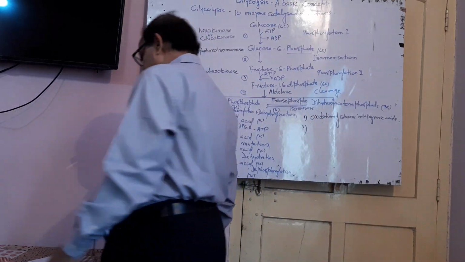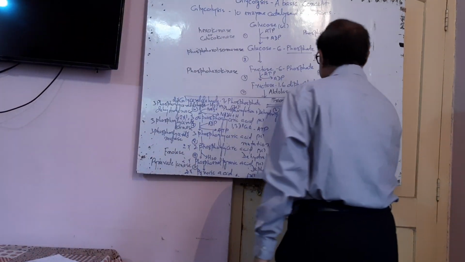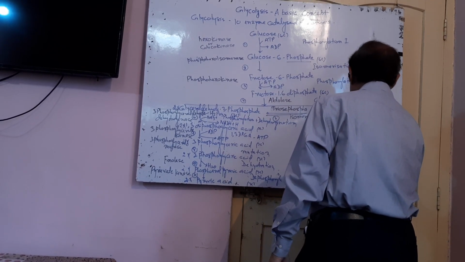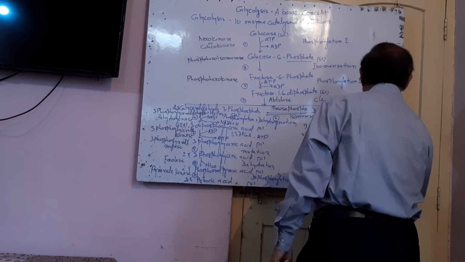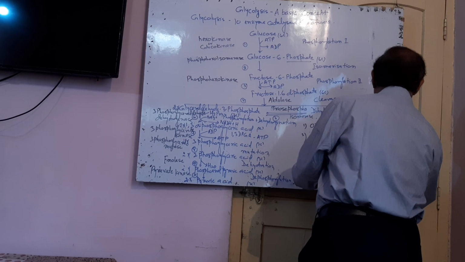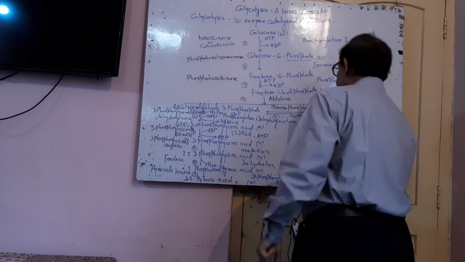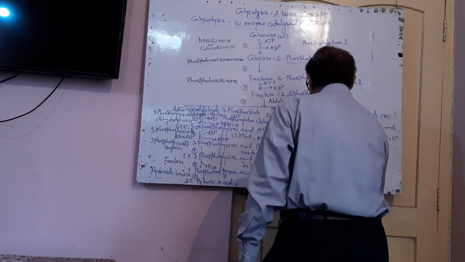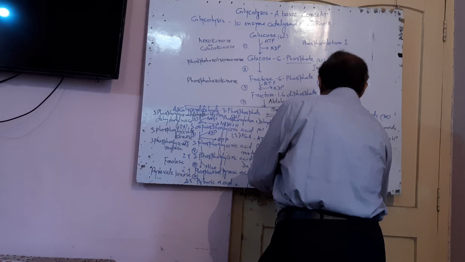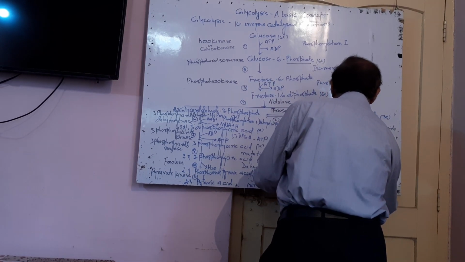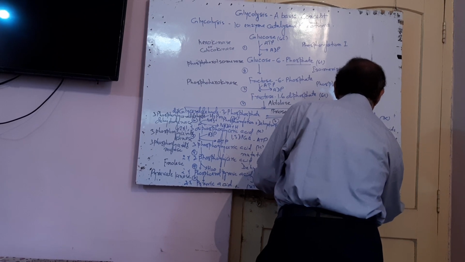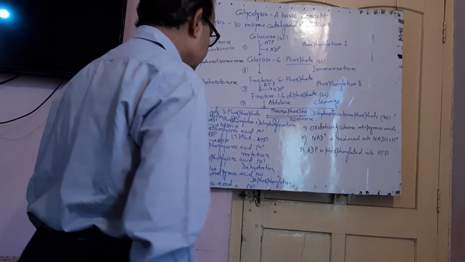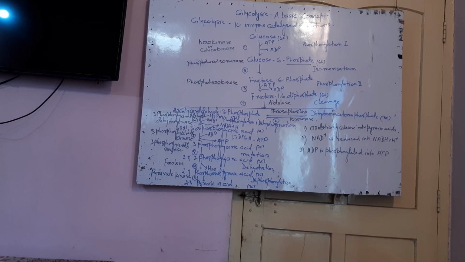The second is that NAD is reduced into NADH plus H. And the third one is that ADP is phosphorylated into ATP.